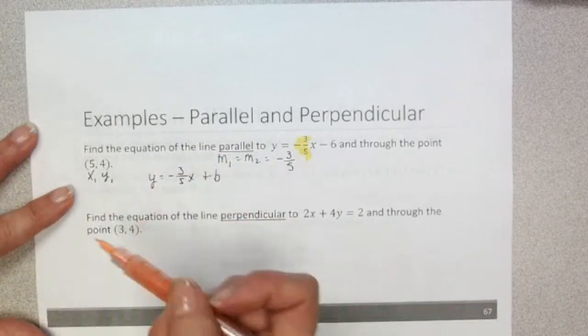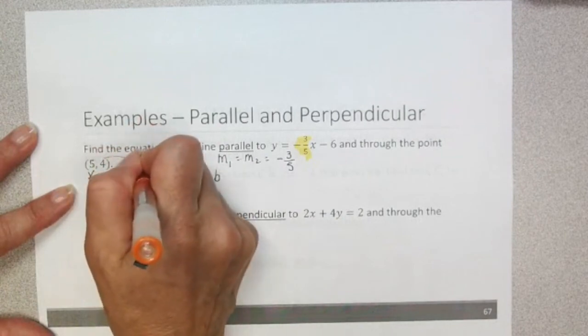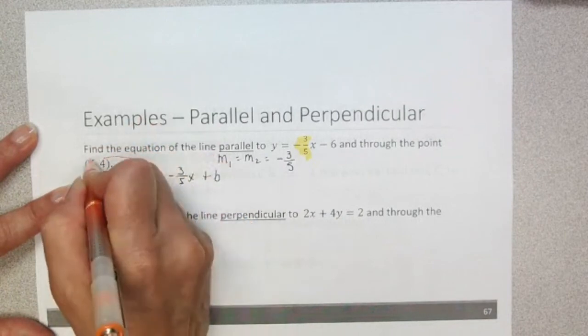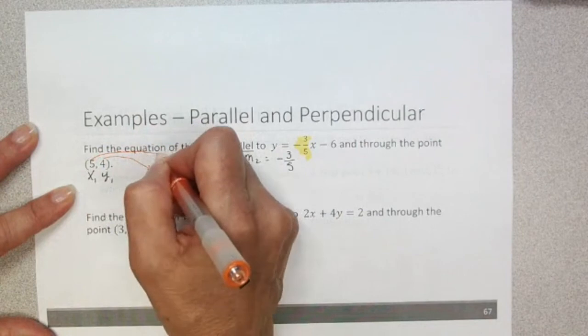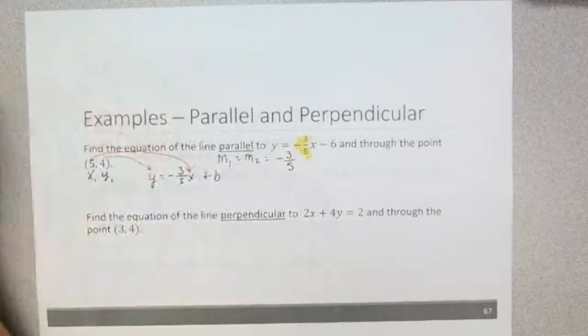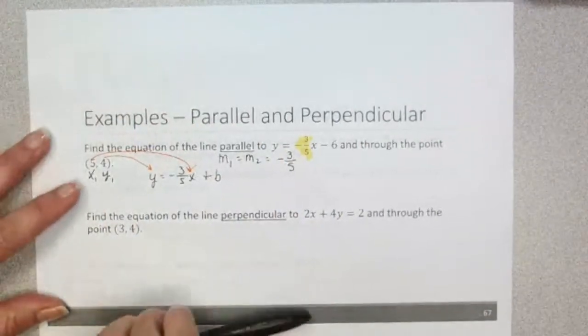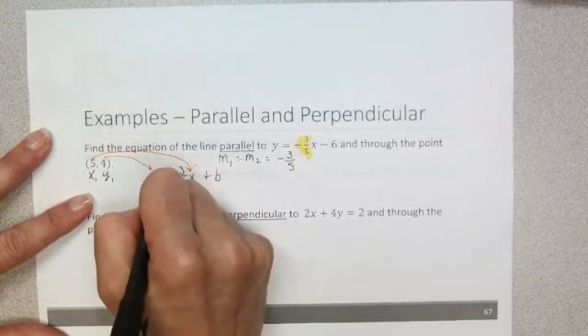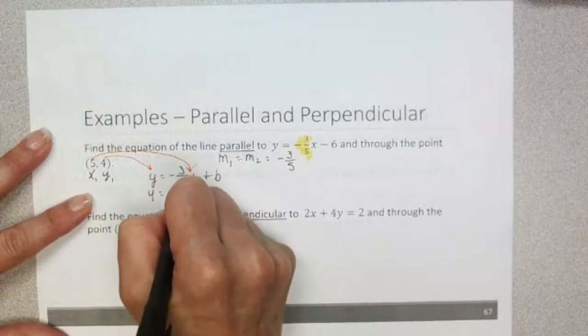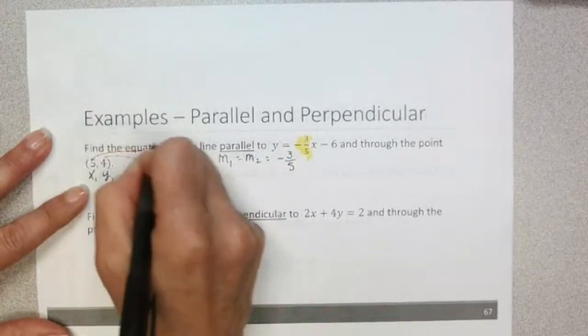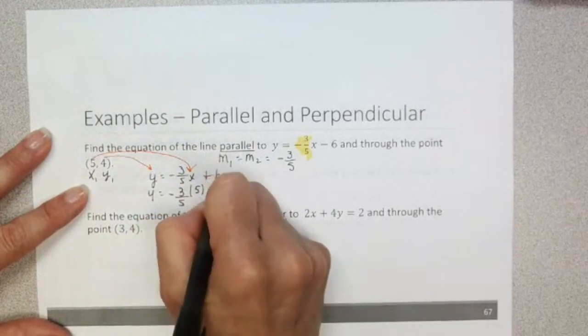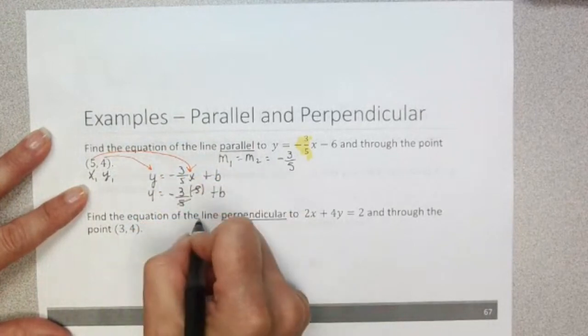Let me just substitute 4 in for the y and 5 in for the x. So then 4 equals negative 3/5 times 5 plus b, and these 5's divide out.